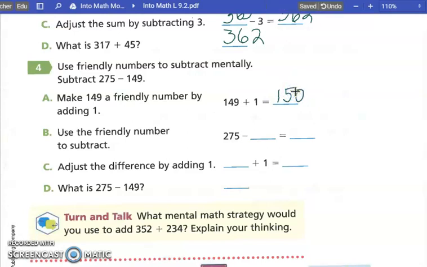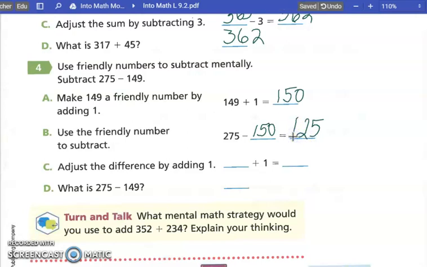Okay? So if we have 275 and we subtract our friendly number of 150, again, I can do that in my head. 5 minus 0 is 5, 7 minus 5 is 2, and 2 minus 1 is 1.